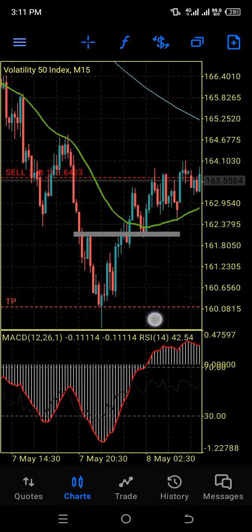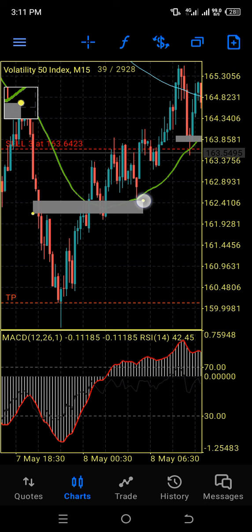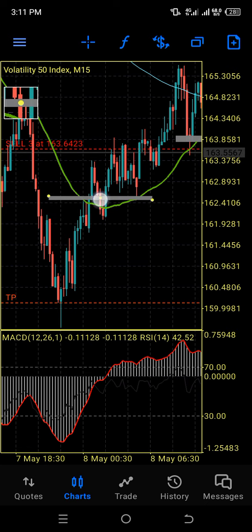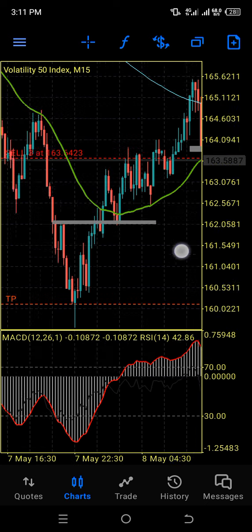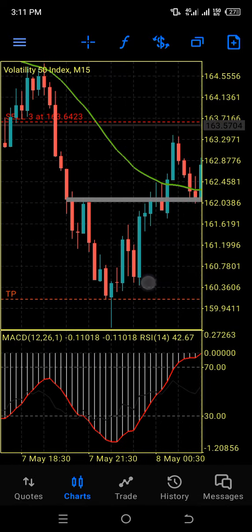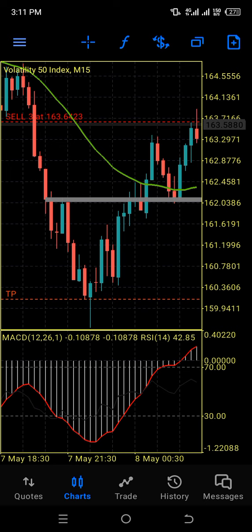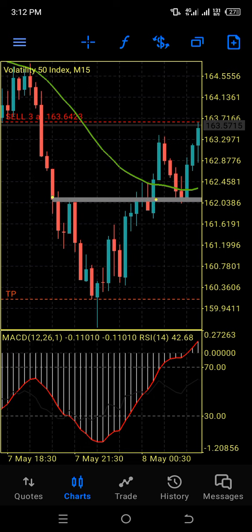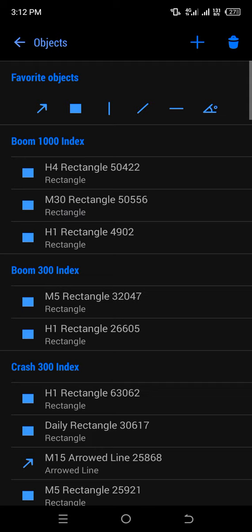Before, when this was happening, price broke out of this structure after creating the last lower high and the last lower low right here. You can see this is the last lower low, and price came and broke the last high. You can see the last swing high right here.